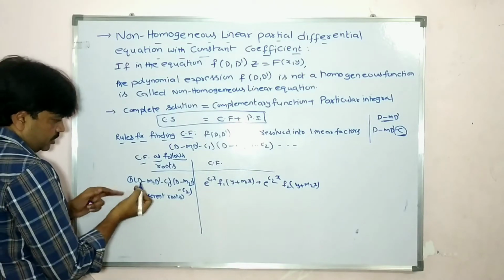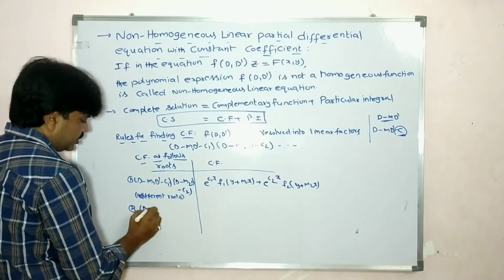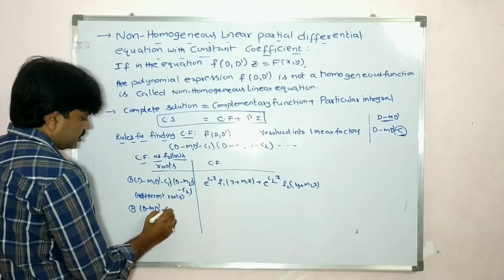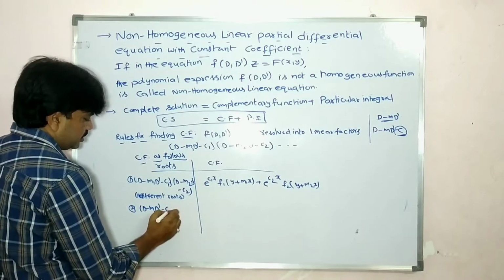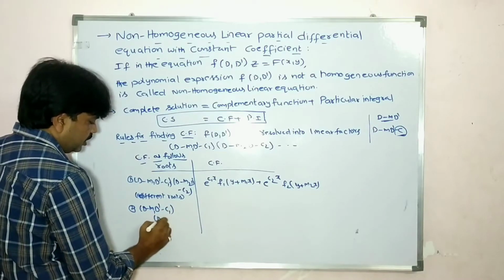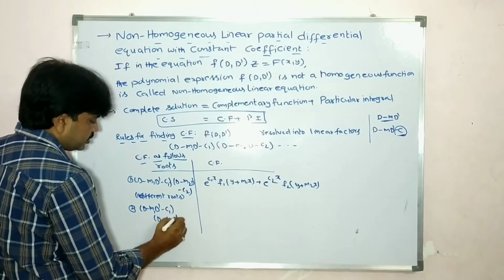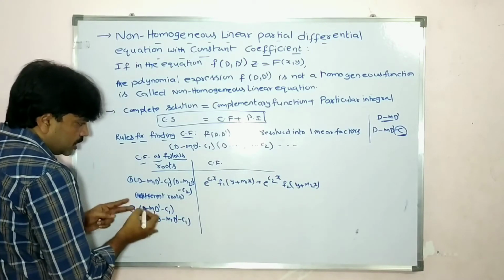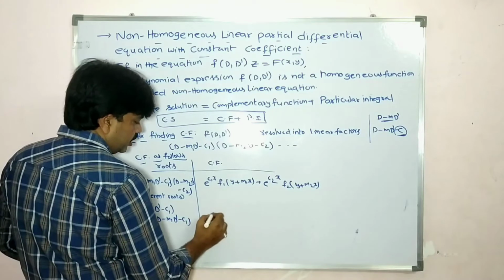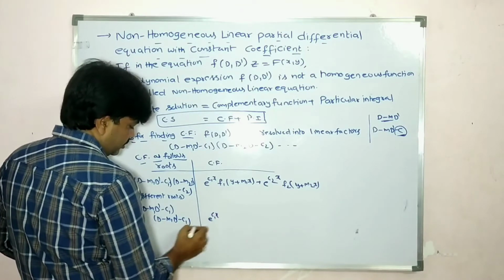Suppose repeated roots. Suppose D minus m1 D dash minus c1 into D minus m1 D dash minus c1. Two roots are repeated, students. Then e power c1x is common.